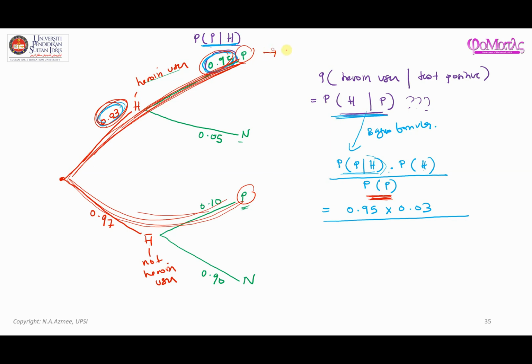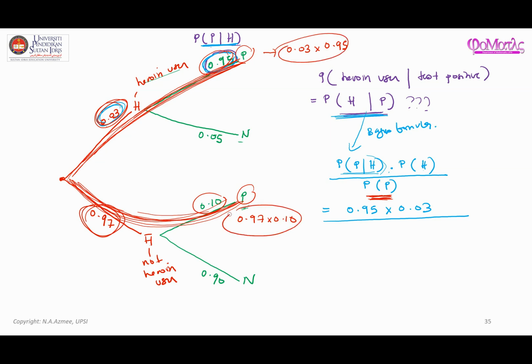For the first, the probability is 0.03 times 0.95. And for this one, it is 0.97 times 0.1. If you add them up, you will get the probability of the result being positive. This is what you're looking for.